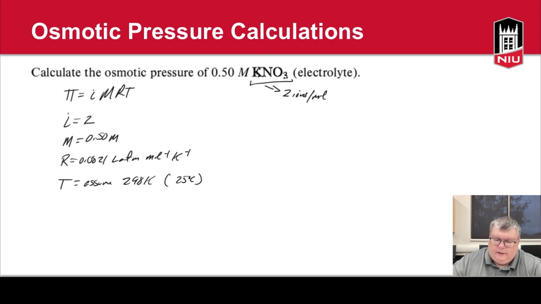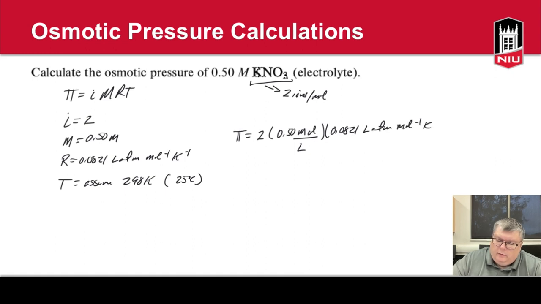So let's calculate the osmotic pressure. Pi equals 2 times 0.50 molar, or moles per liter, times 0.0821 liter atmospheres per mole Kelvin, times 298 Kelvin.